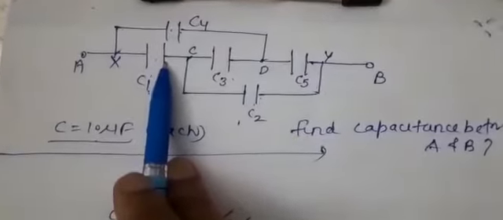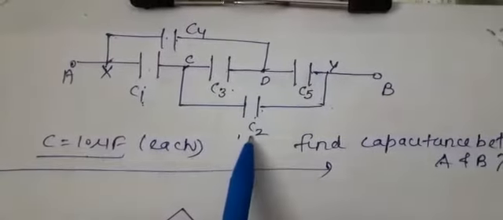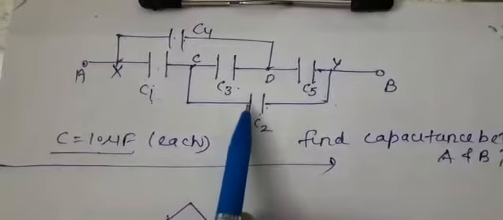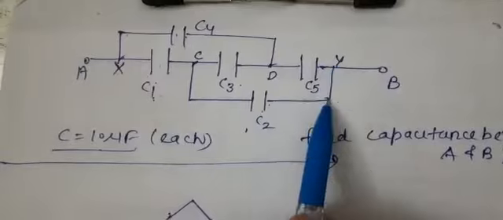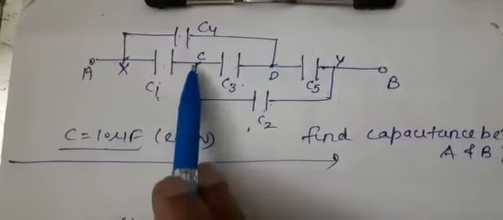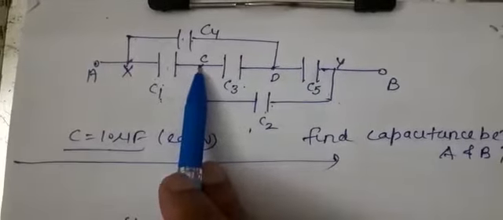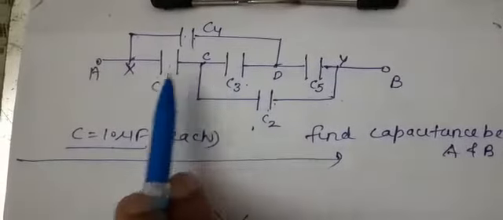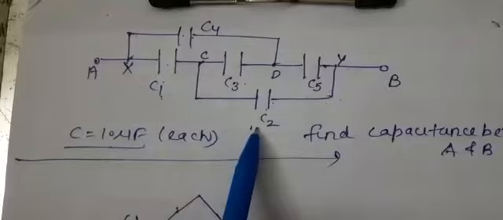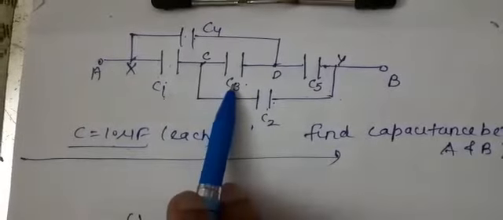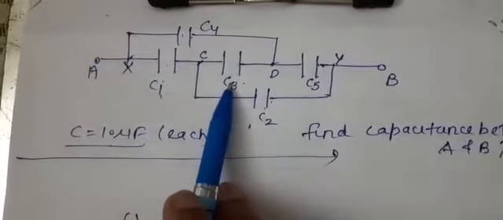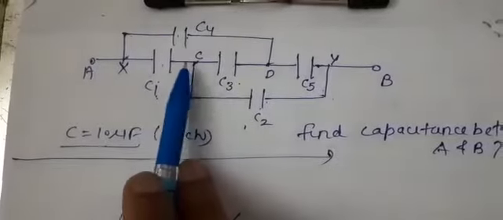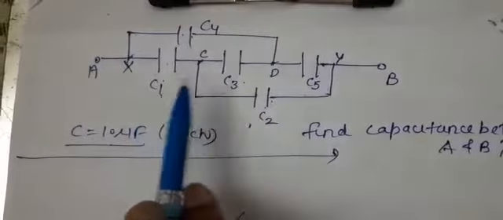Repeating it, this is a confusing point. As for the C2 capacitor, one plate is connected to the Y terminal, so the other plate is connected to point C, and C is a point which is common between C1 and C2 as well as C3. So in the figure, C is common to C1 and C2.